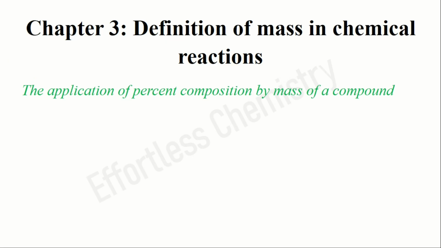Then for today, if we want to answer this question, when we have the percent composition by mass of a compound, we can find the empirical formula by following this procedure.